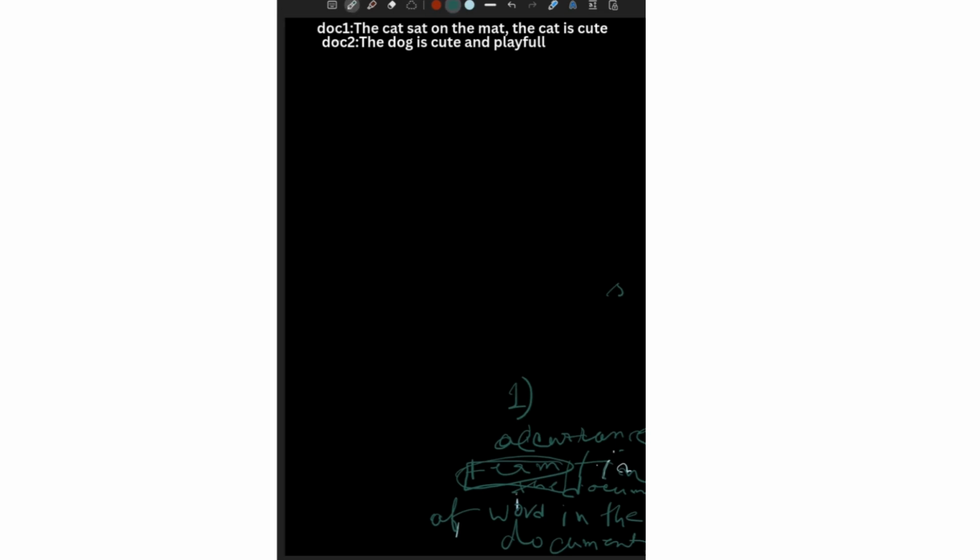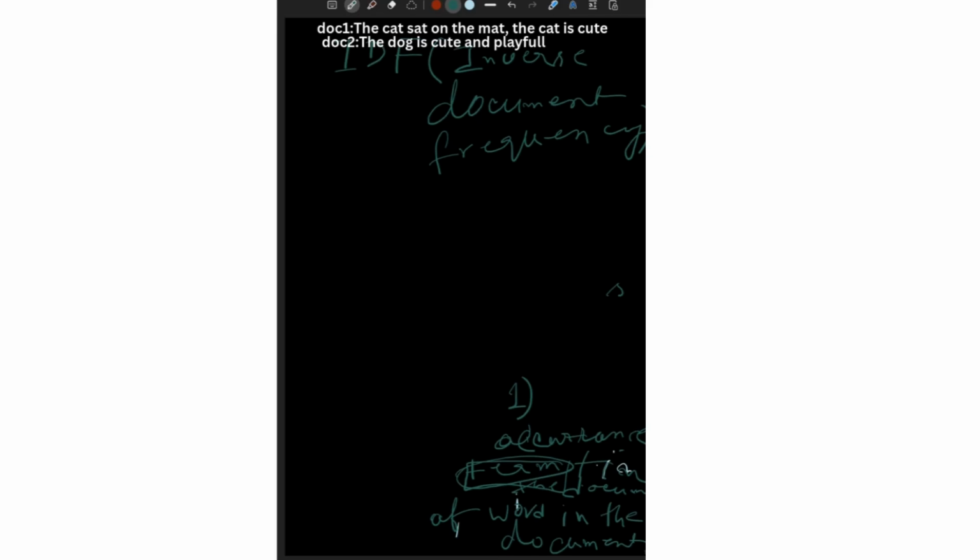Inverse document frequency, IDF, basically reduces the weight of the common words and increases the weight of the rare words. Increasing the weight of the rare word means the specific word which we are searching for in that document.